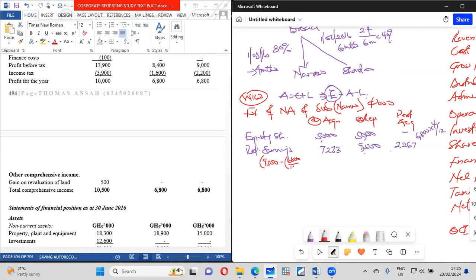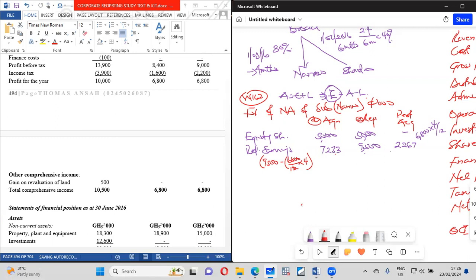So if we have done the 4 here, it means here we are remaining with 8. So if you take this 9,500 and you take out the amount, 4 over 12, like what I did here, I'm subtracting to get this figure. So basically that is that.